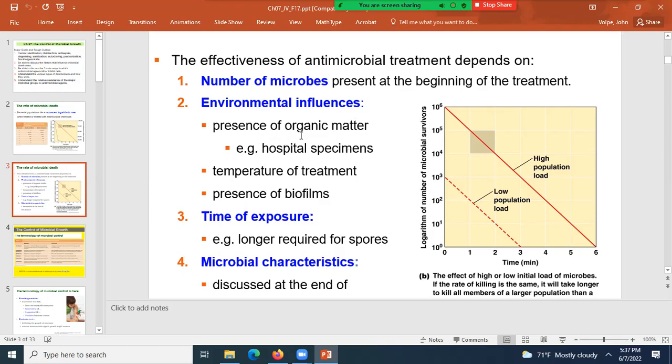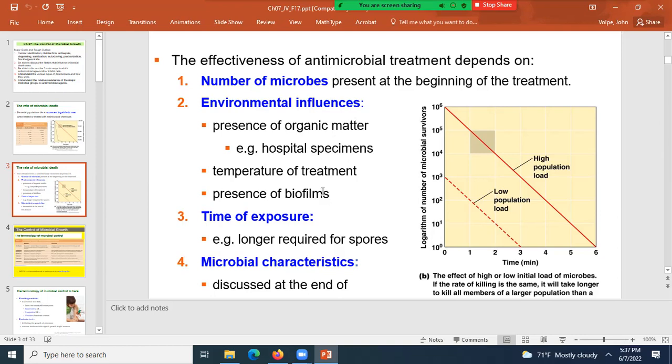Their mess. The temperature of the treatment can affect the effectiveness of the treatment. Generally, with warmer treatment, the more effective the antimicrobial treatment will be. And with lower temperature, the less effective it will be.